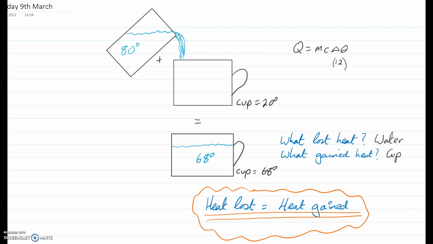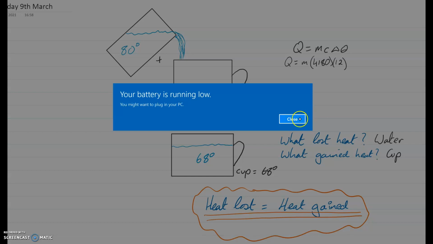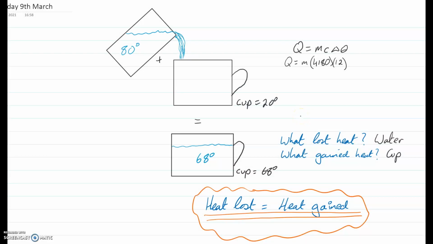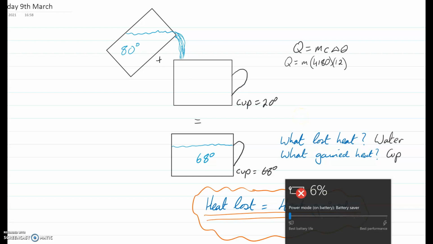The specific heat capacity, and this is why I wanted to keep it with water, is 4180. Again, you would be given this in the question, and the mass, we don't know what the mass is, but if you're given that in the question, you put that in there, and there you have how much heat energy the water has lost, which is also the heat energy that the cup has gained. So you might be able to work out the mass of the cup from this. You might be able to work out the specific heat capacity of the cup from this.